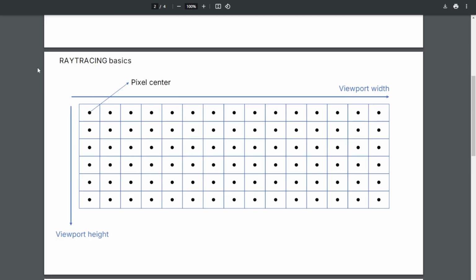Okay, another important step in actually performing our simulation is what is called ray tracing.